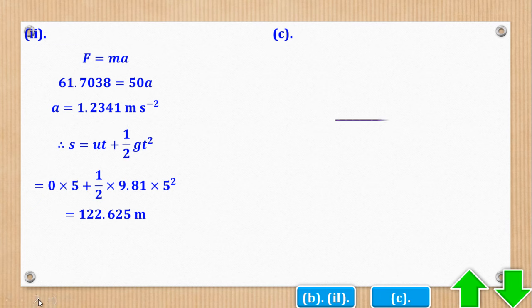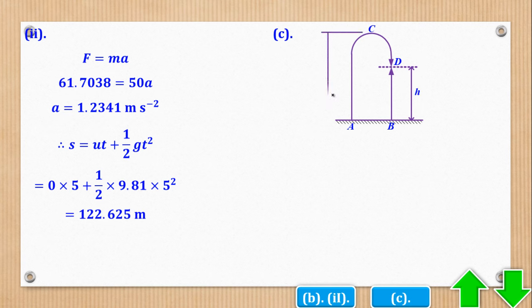So first we need to make a sketch for us to easily go about the proof. So this is the first particle projected and the second particle, they meet at this point D. So let's call it a height h, and this will be the maximum height h max.